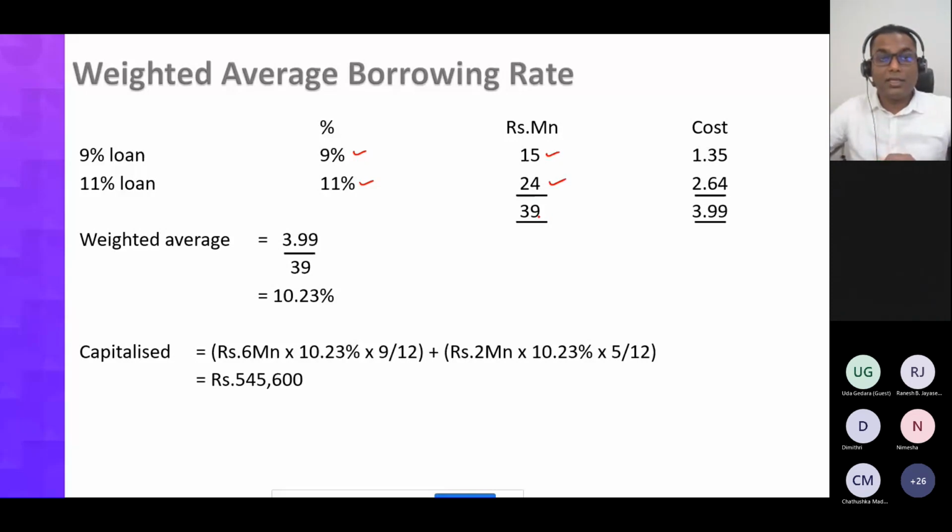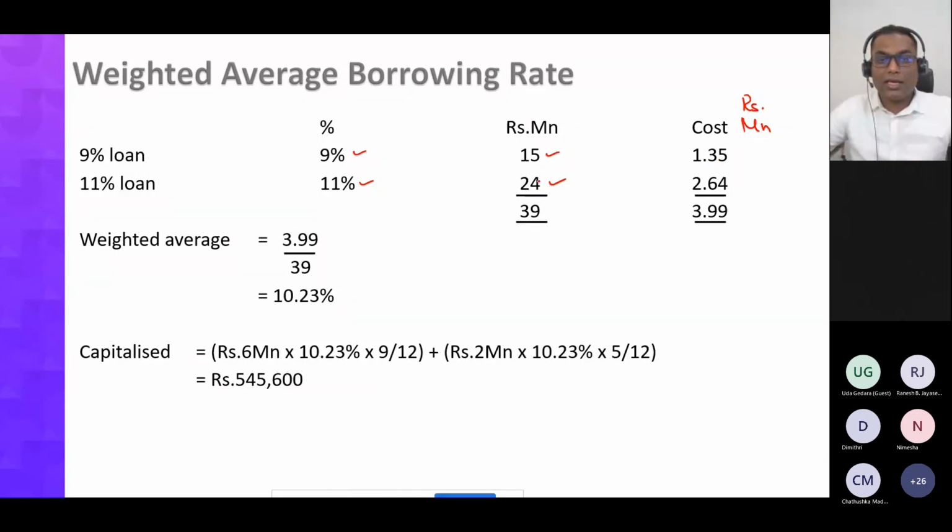Then to calculate the weighted average borrowing rate, we multiply 15 million into 9%. That would give you the annual finance cost. 15 million into 9%, these figures are in rupees million, so 1.35 million rupees.